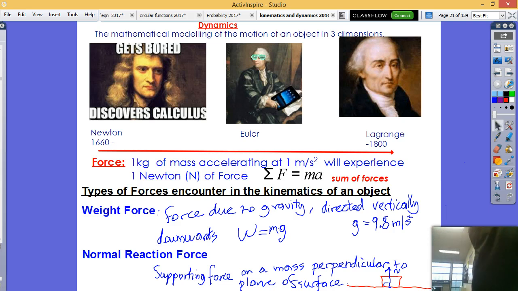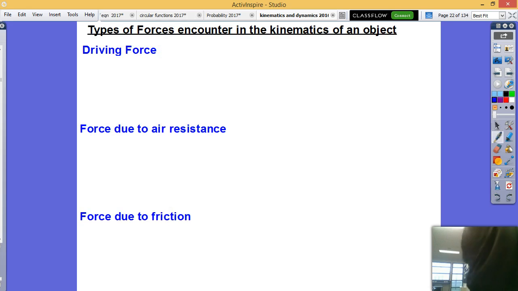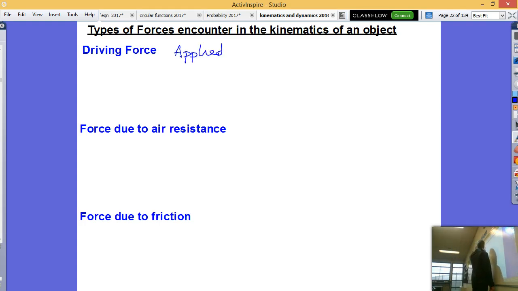Okay, so some other forces we're going to encounter as well. We've got a driving force. This is an applied force. It could be constant or non-constant.